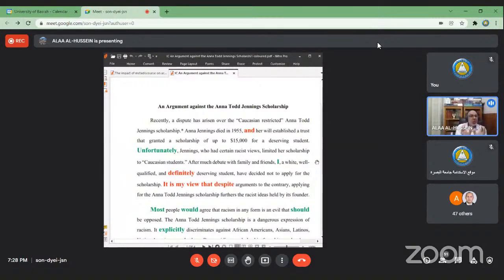So these colored words, for example, and here, unfortunately, definitely, it's my view that, these are meta-discourse markers used by the writer to convey certain messages, to facilitate the process of understanding, to facilitate the process of communicating with readers.